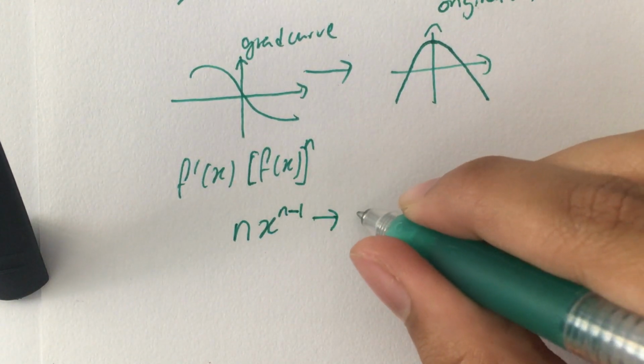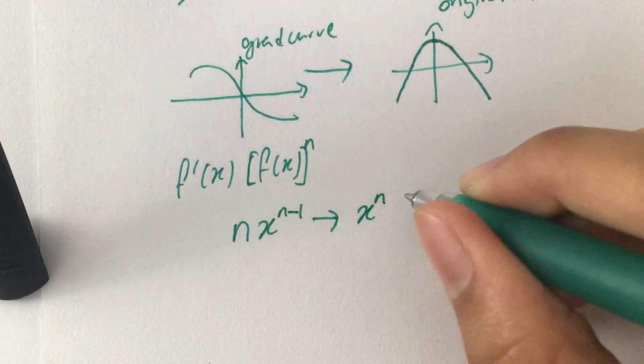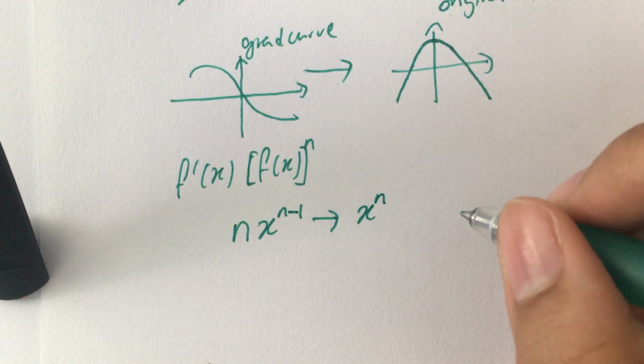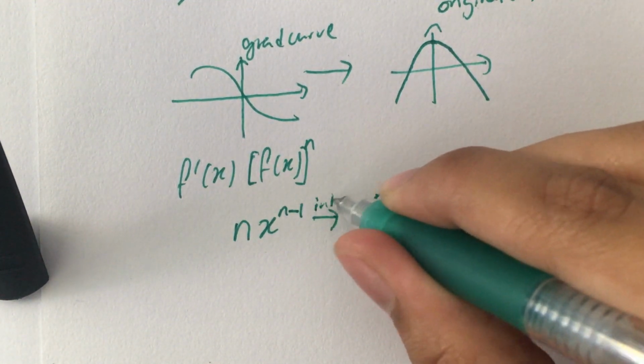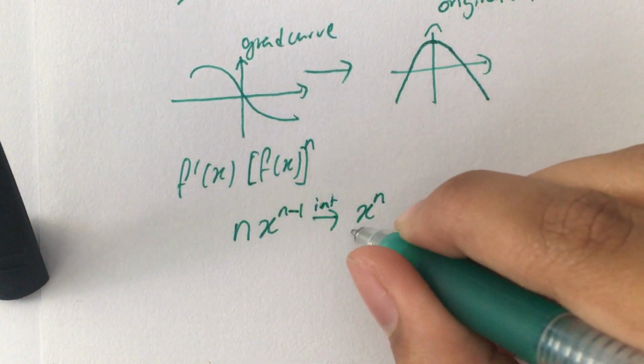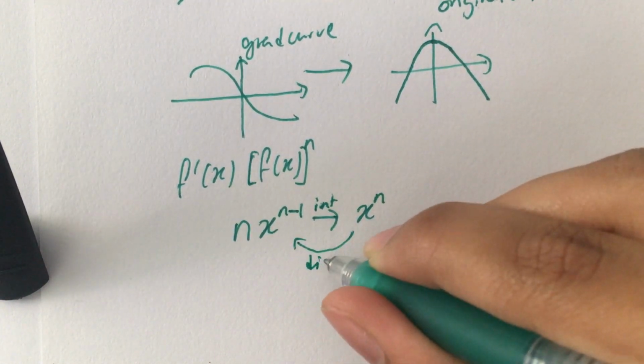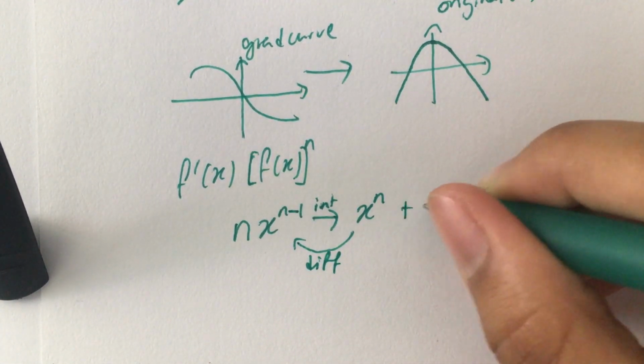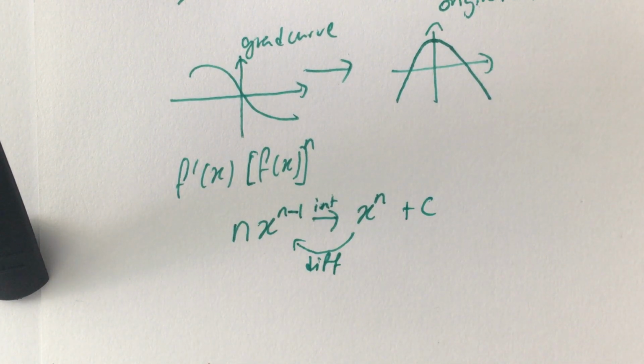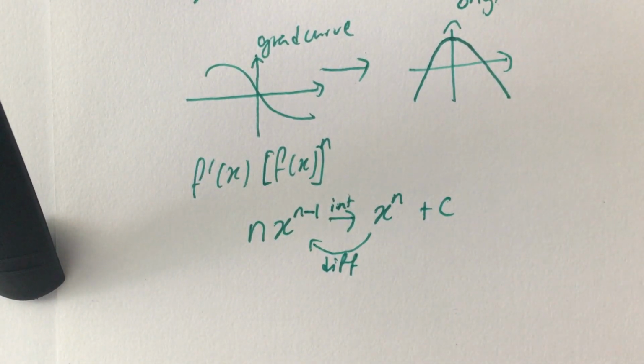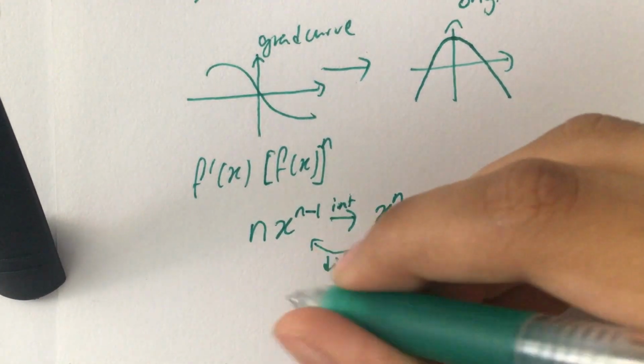How would you integrate it back to your original term? Well, you know that x to the power of n differentiates to n x to the power of n minus 1, so you just need to bring it back to x to the power of n. With whatever power of x you get, you divide it by 1 more than that power.